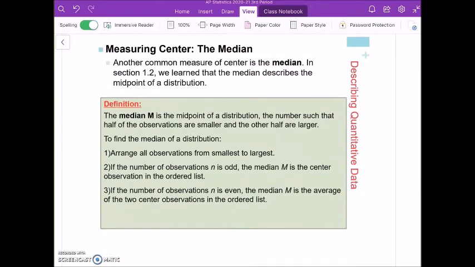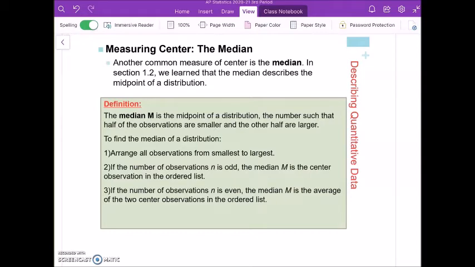Okay, and then moving on to the next one, the median is another way of describing center. So both the mean and the median describe the center. And the median, you'll remember from probably middle school, 9th grade, is the midpoint of a distribution.